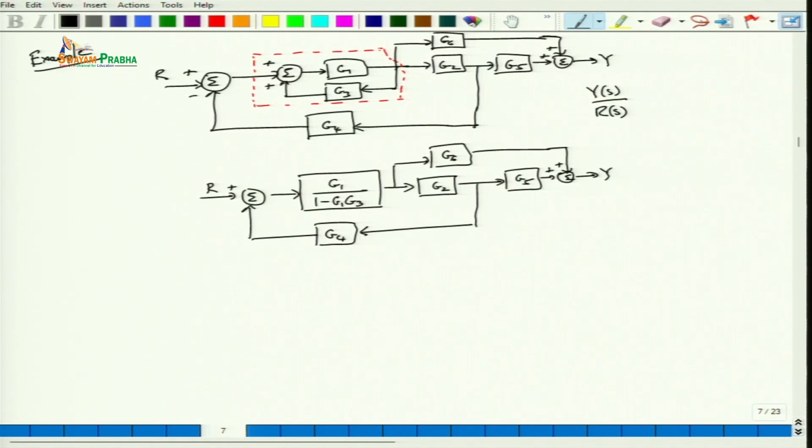Now we'll focus on the next one, using the rules of algebra we just discussed. We'll move this pickup point from here to here.